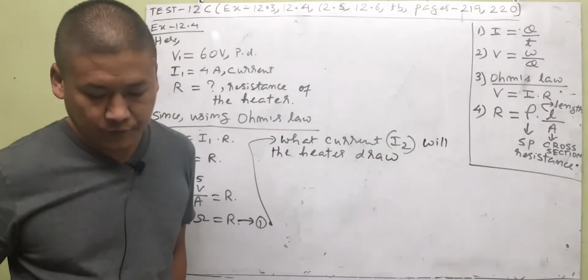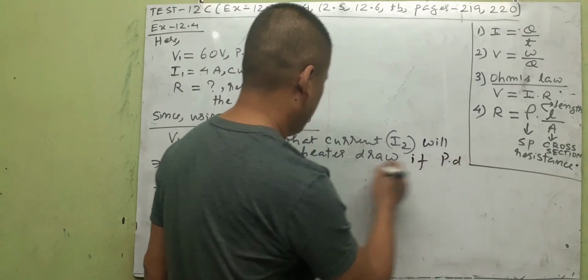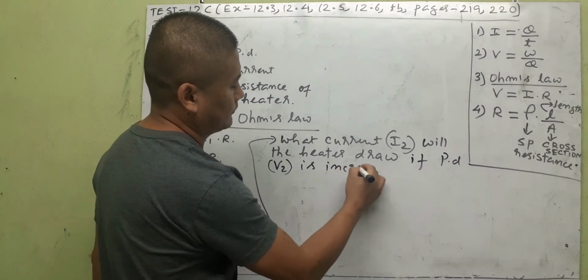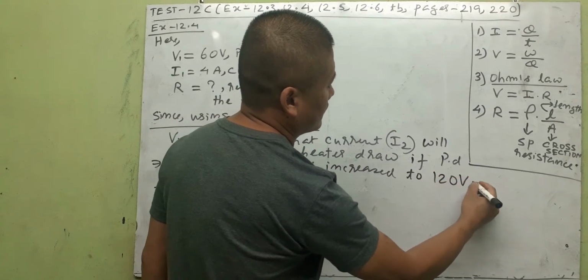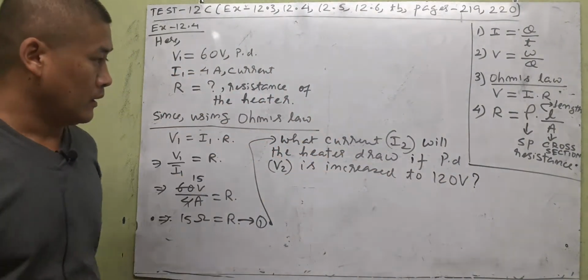If the potential difference, let us say V2, is increased to 120 volts from 60 volt, it has increased.